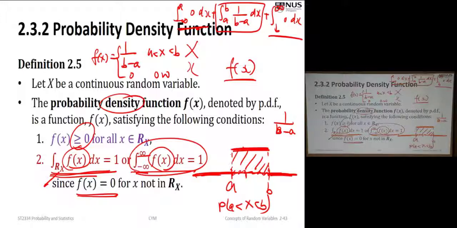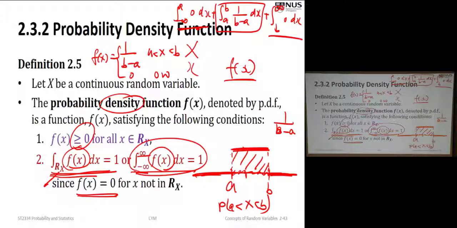First of all, in general statement, the second condition, just like the discrete case where you sum all the f of x, should equal 1. Here you integrate from minus infinity to infinity, and the density f of x should equal 1. All right? So equal to 1.